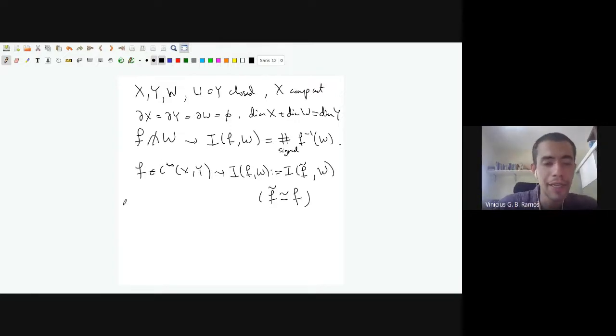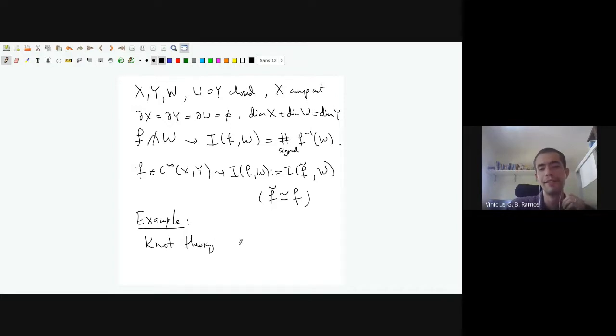So, for example, an example of something different, but I think it's still kind of nice, is in knot theory. Knot theory is basically the study of embeddings of S1 into R3.